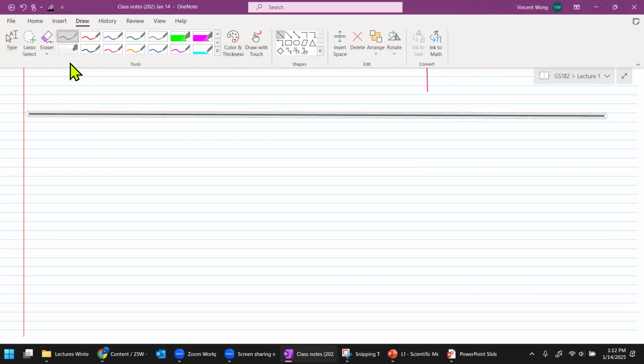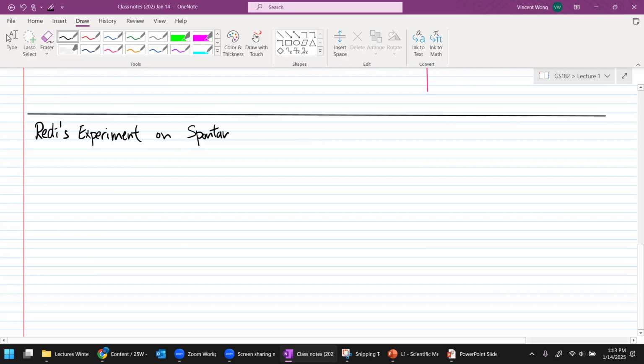So this is Redi's experiment on spontaneous generation. In case you missed it, spontaneous generation is the theory that suggests living things arise from non-living things.